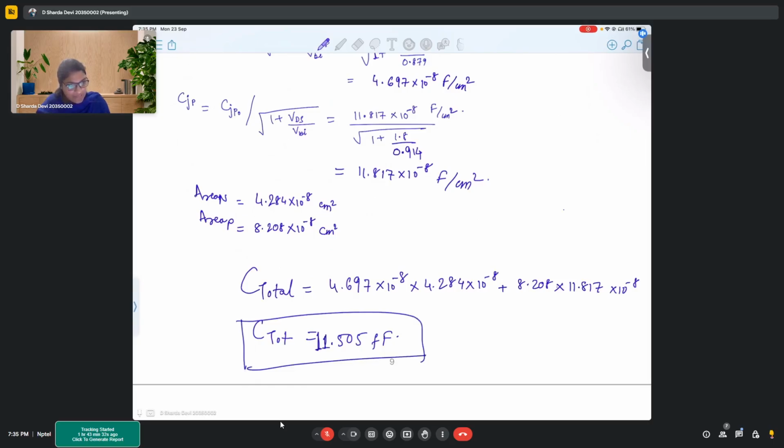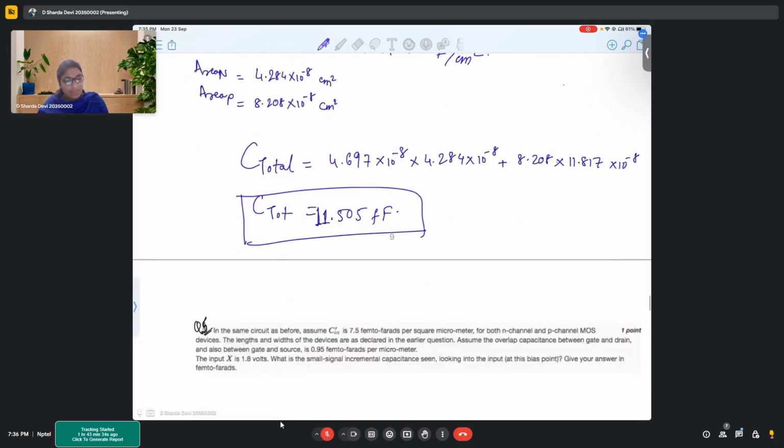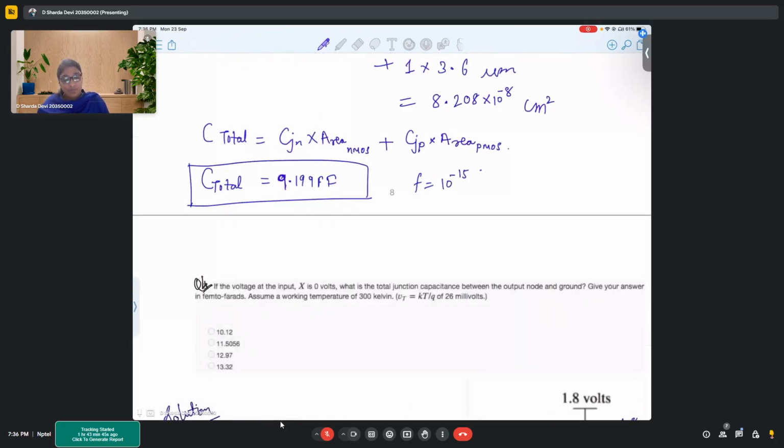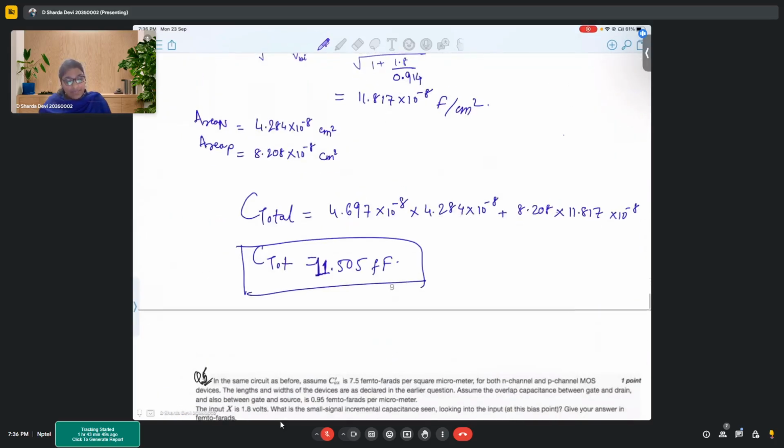This is the total capacitance that we obtain by changing the value. So earlier the capacitance that was obtained was 9.19, and this time the capacitance has increased to 11.505. So the higher the reverse bias, the more capacitance has been obtained.